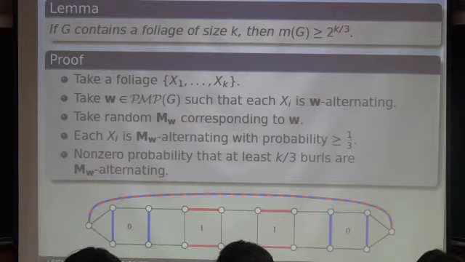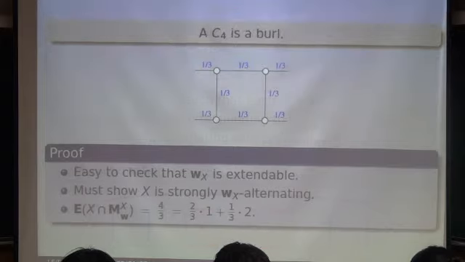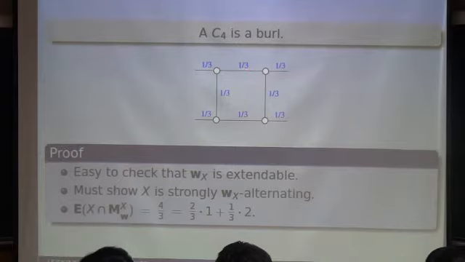So these are going to be the alternating cycles. And actually, C4 is a burl. This is the best and simplest example. A burl is defined by putting the weighting on the edges and then putting 1/3 on everything that's sticking out of it, and then proving that we've got some high probability of having a nice alternating cycle in here.